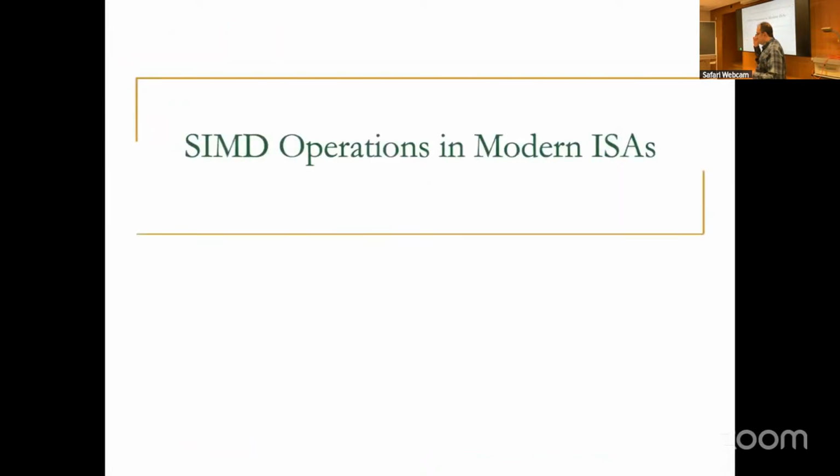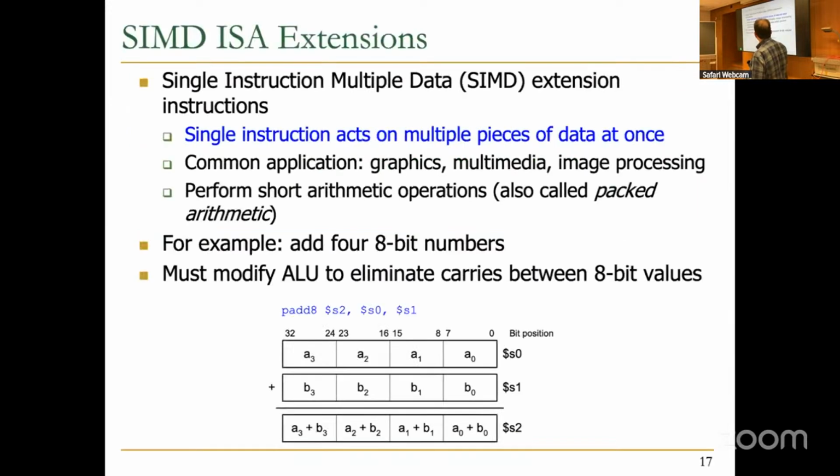Okay, so let's see now how these SIMD operations happen in modern ISAs. The ISAs that we had in the past were handling basically scalar operations. And during the decades, like the 1980s or so, people realized that we do need these kinds of SIMD instructions in order to, for example, accelerate applications like graphics.